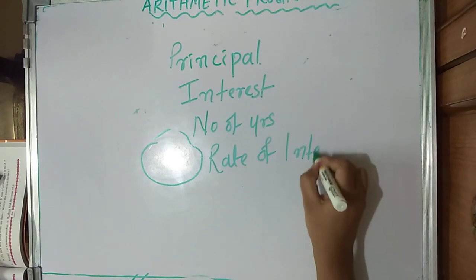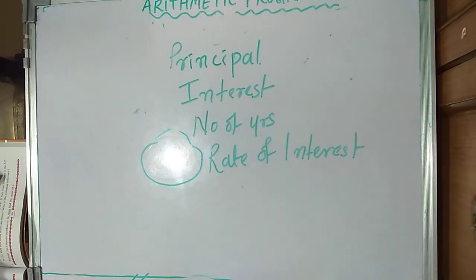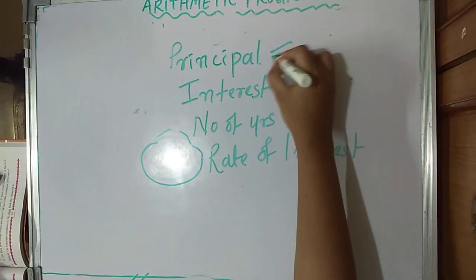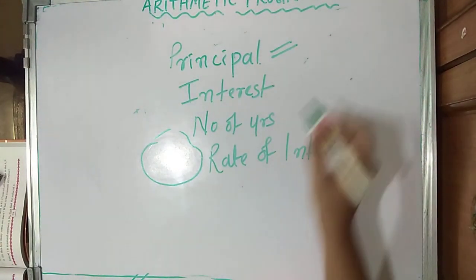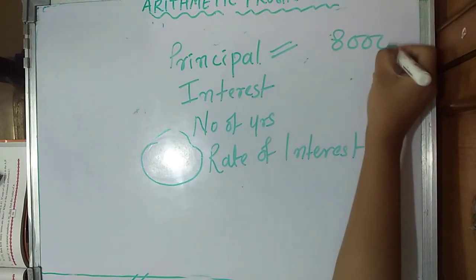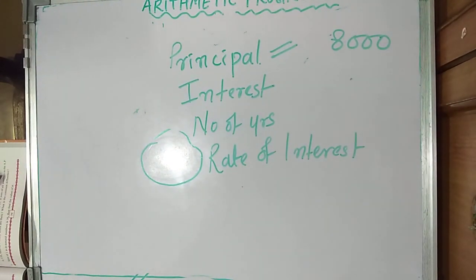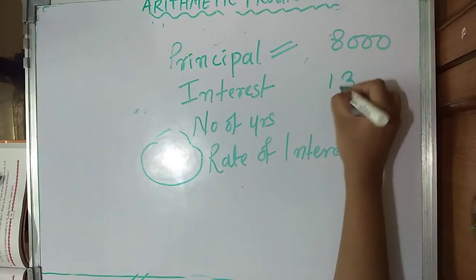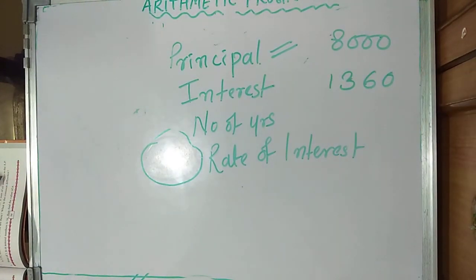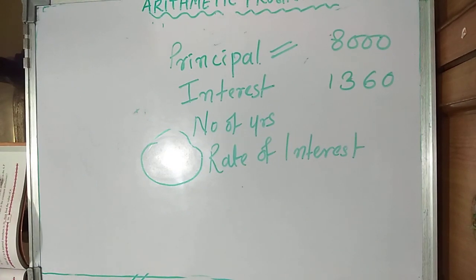These were the 4 things we learned in 8th standard in the lesson simple interest. Principal is the amount borrowed, here 8,000 rupees. Interest is the extra amount he repays, here 1360 extra rupees.